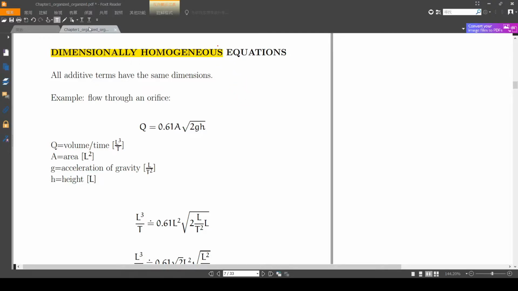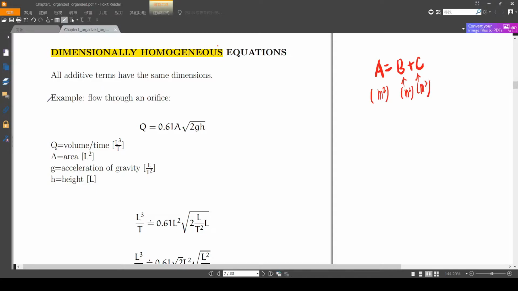So if you got an equation here, the unit of A, if it is equal to the meter square, then the unit of BC must equal the meter square. This is called dimensionally homogeneous. And just like it mentioned, all additive terms have the same dimensions, it means B and C have the same dimensions. This is a very important property of the equation.